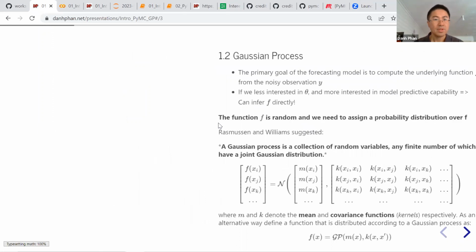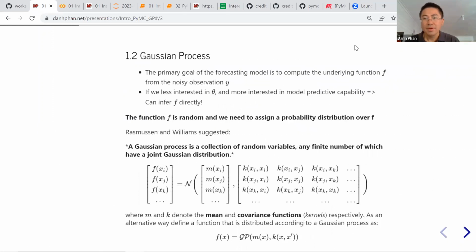For this Gaussian process, for the function f, we need to assign a probability distribution over f. According to Rasmussen and Williams in their book on Gaussian processes, a Gaussian process is a collection of random variables, any finite number of which have a joint Gaussian distribution.